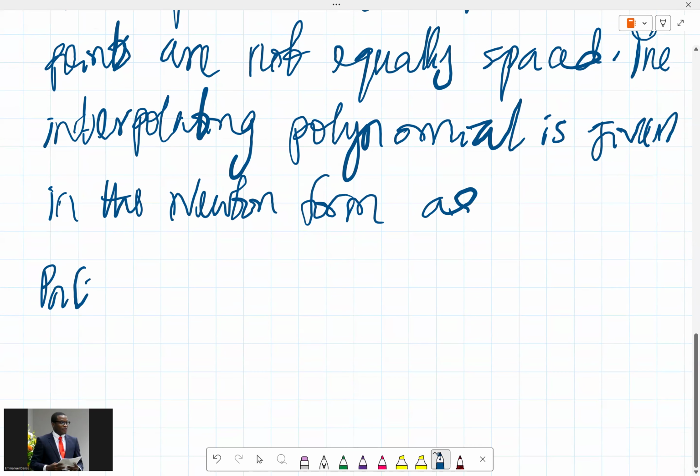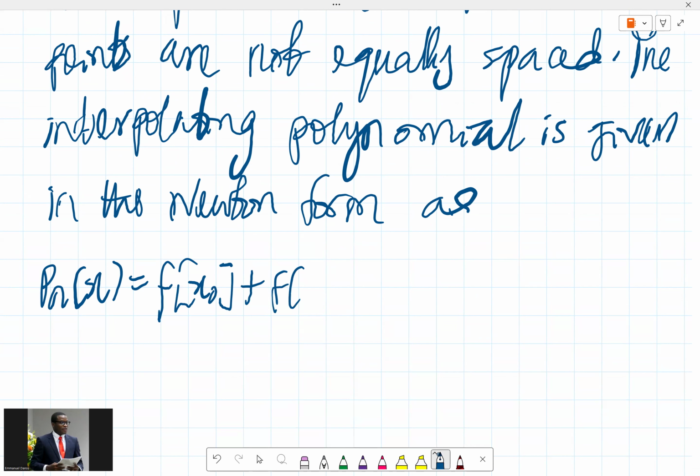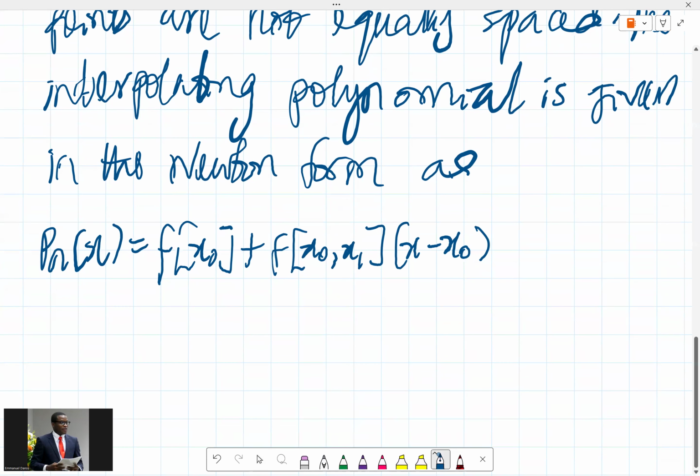We have Pn of x equals f of x naught plus f of x naught, x1 multiplied by x minus x naught. So it's actually a very long formula. Then I'll bring it down, plus f of x naught, x1, x2.